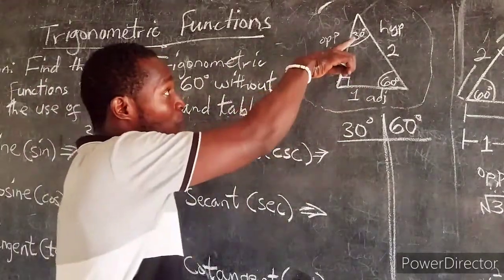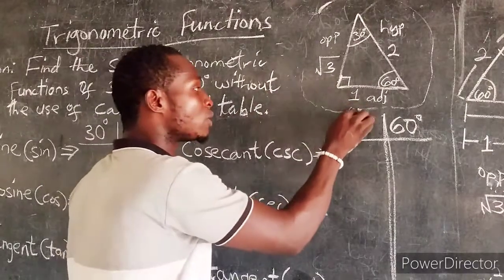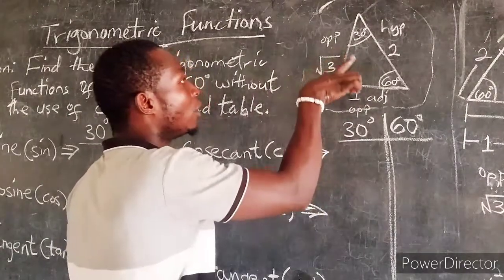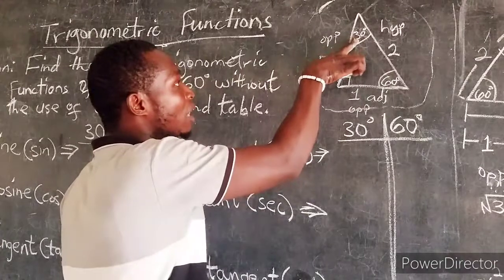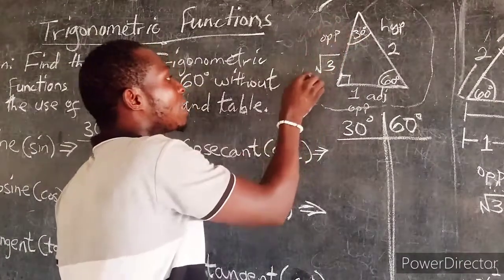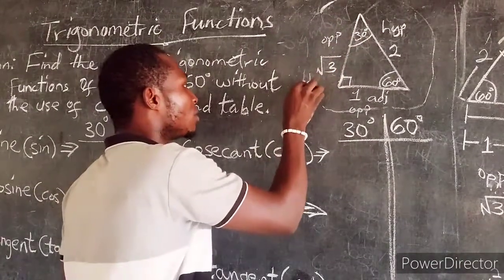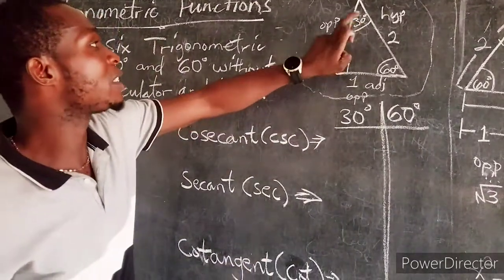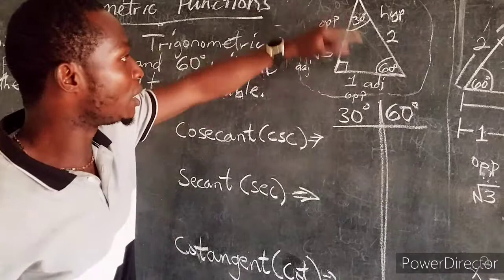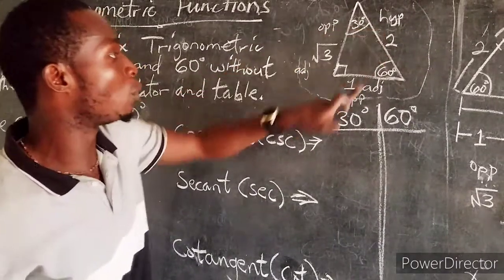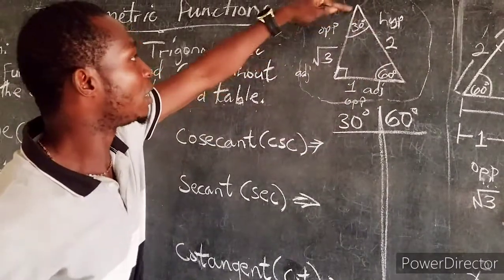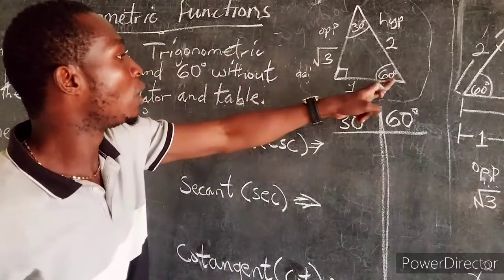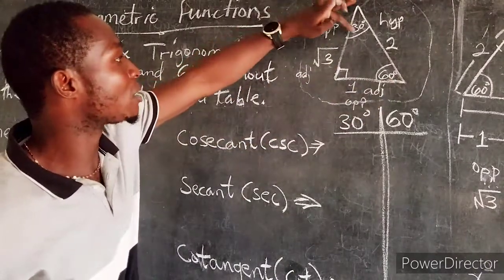So for this 30 degrees, this side will be the opposite, and this side will be the adjacent. If we are considering 30 degrees, it means this side that is touching 60 degrees will be the opposite for 30, and this side that is opposite to 60 degrees will be the adjacent, because this side is touching 30 degrees.